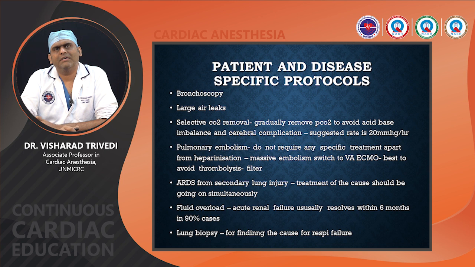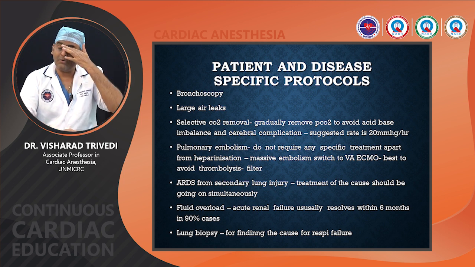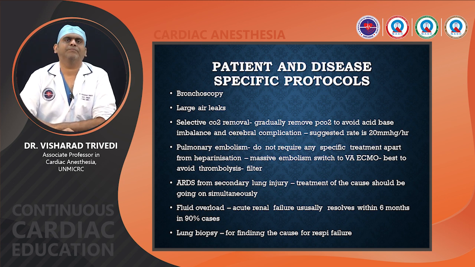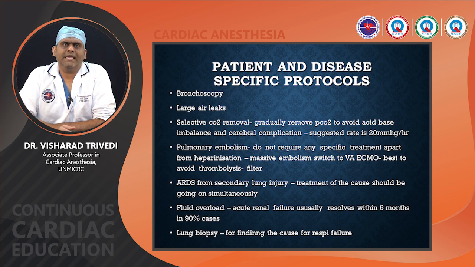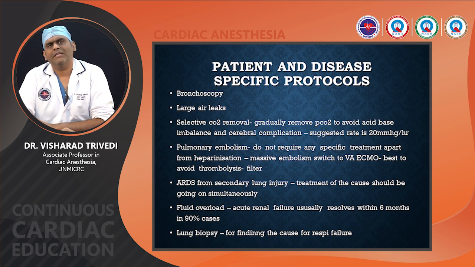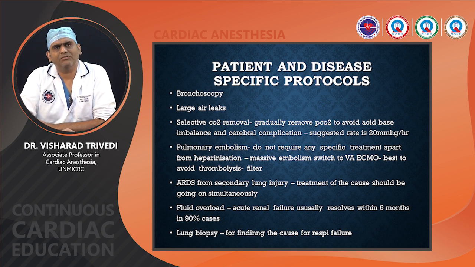Nowadays newer diseases emerge in which we can use Veno Venous ECMO, and newer protocols are also adjusted for such diseases. Like if the patients are having lobar collapse or mucus plugs on X-ray, then you have to go for bronchoscopy while the patient is on Veno Venous ECMO.